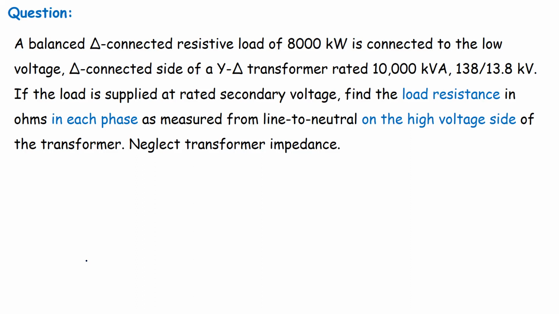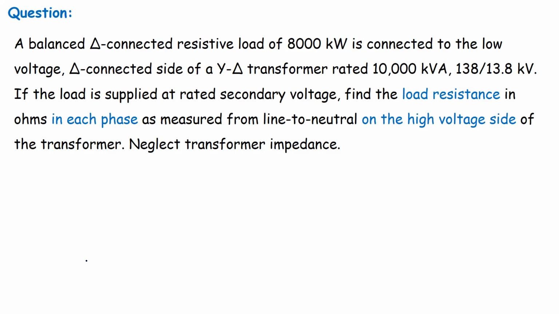If the load is supplied at rated secondary voltage, that means the voltage across the delta connected load is 13.8 kV, find the load resistance in ohms. Okay, so the value of load resistance in ohms in each phase. So basically it's a per phase load resistance value that needs to be found as measured from line to neutral on the high voltage side of the transformer.